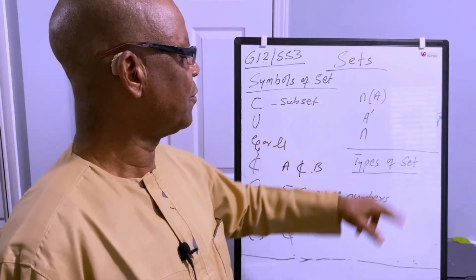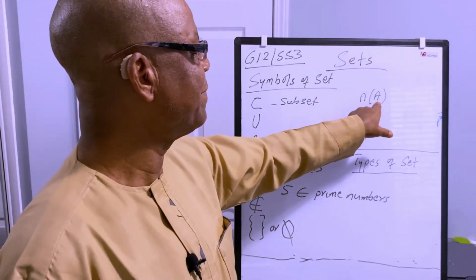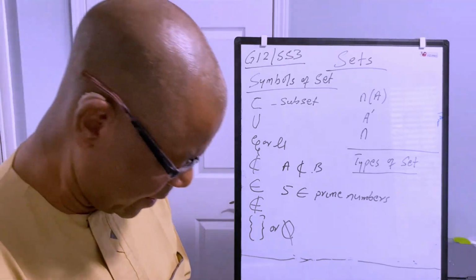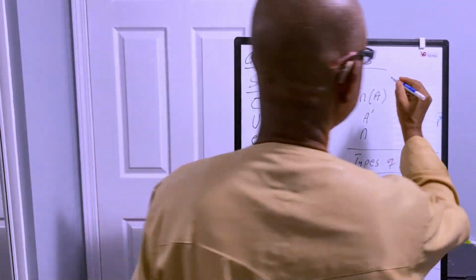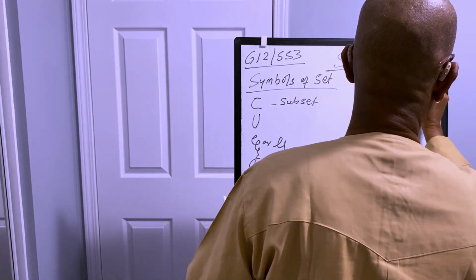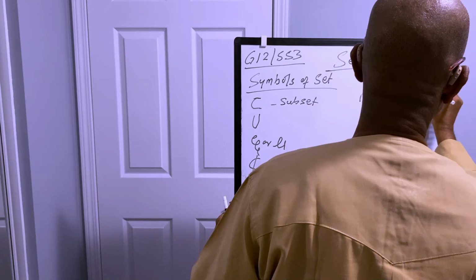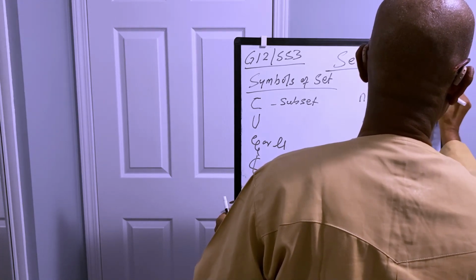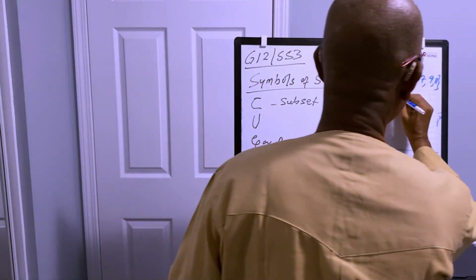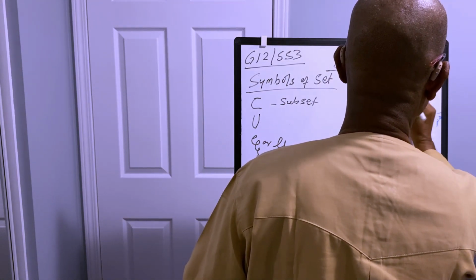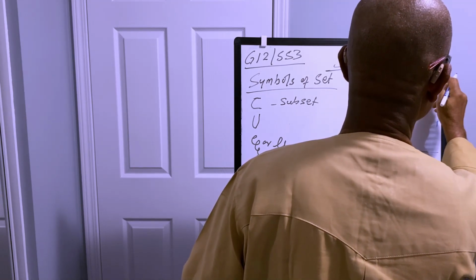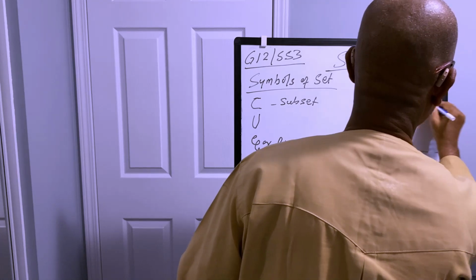This symbol stands for the number of elements in set A. If we have A equal to the set of 5, 7, 9, 11, then the number of elements in set A is equal to 1, 2, 3, 4.